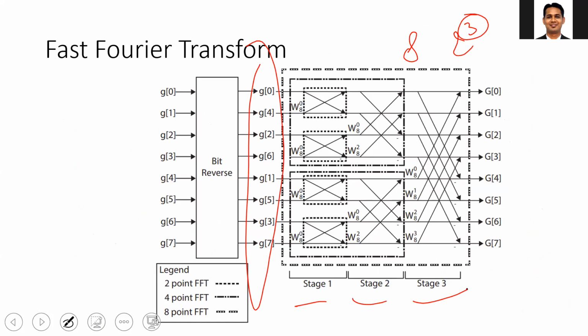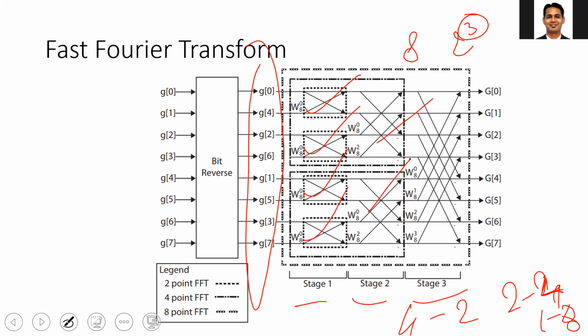In stage 1, you will have butterflies of size 2, in stage 2 butterflies of size 4, and in stage 3 a butterfly of size 8. So for the 8-point FFT, you will have 4 butterflies of size 2, then 2 butterflies of size 4, and then 1 butterfly of size 8.